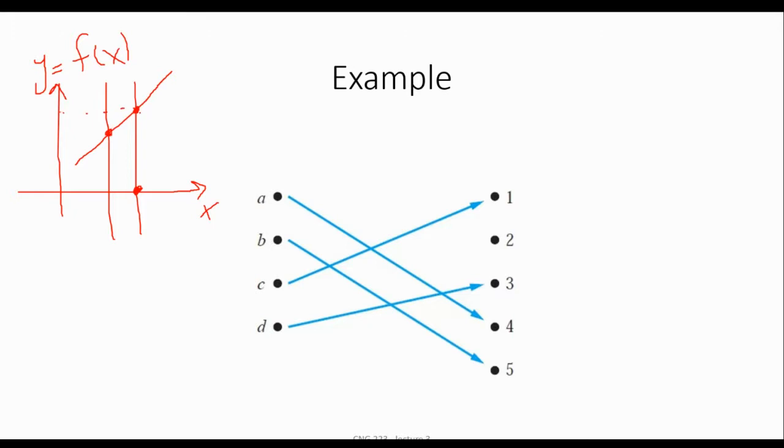If it has more, it means that this is not a function. For example, if you have a parabola like this, then in that case, if you draw a line which is parallel to the y-axis, you can see it cuts it in 2 points. So this is not a function.